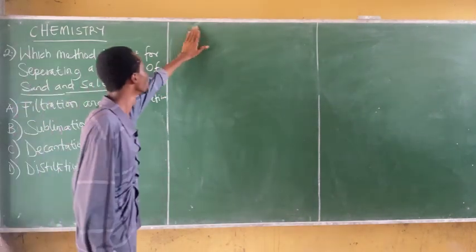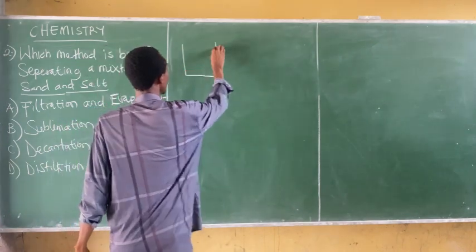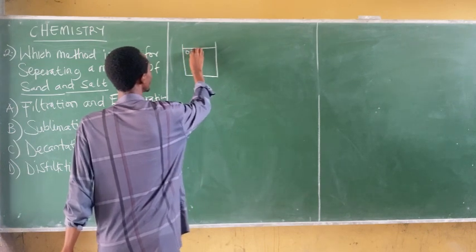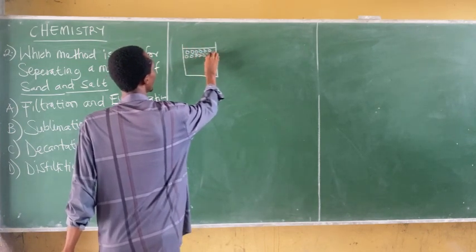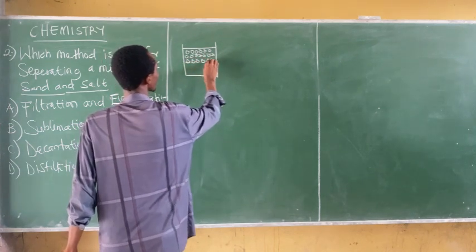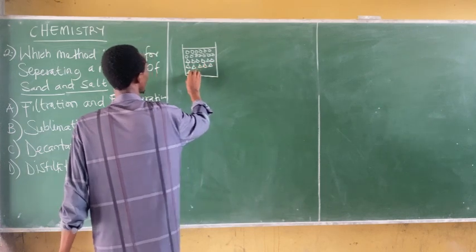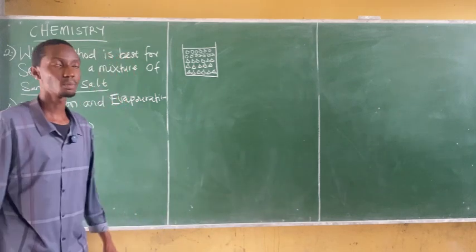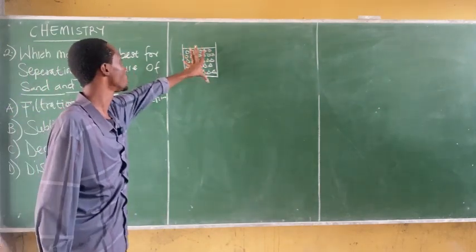Now, you assume, let's say, this is a jar of sand and salt. The first step is to add water to this mixture.